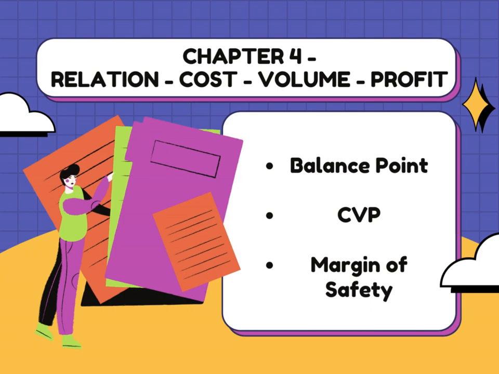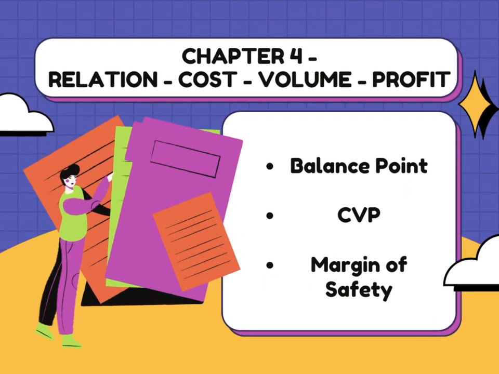The safety margin, also referred to as the margin of safety, is a financial and risk management concept that represents the excess of actual or expected sales over the break-even point.